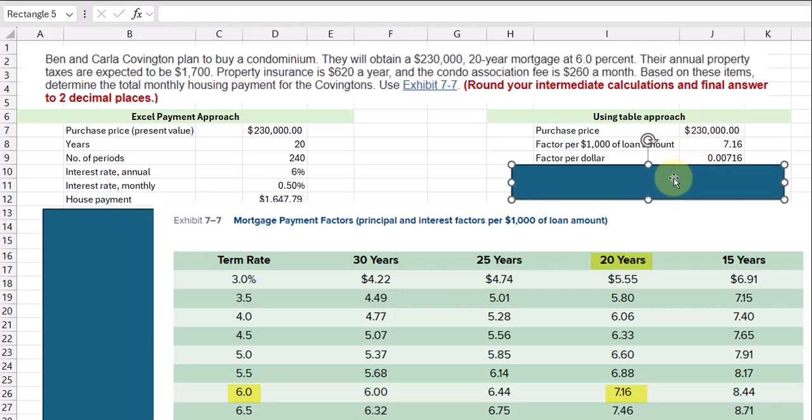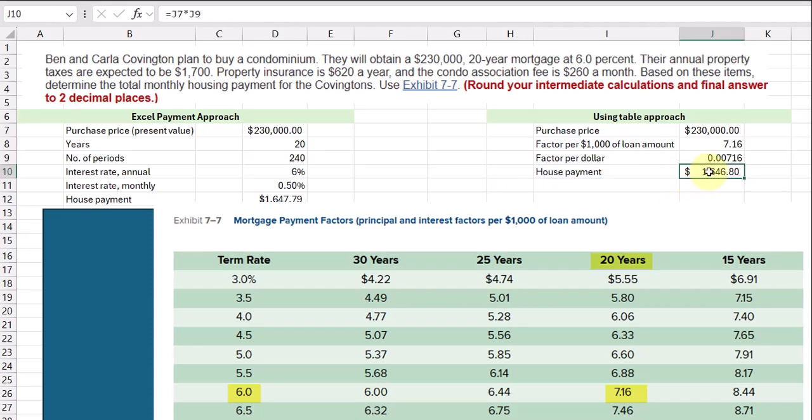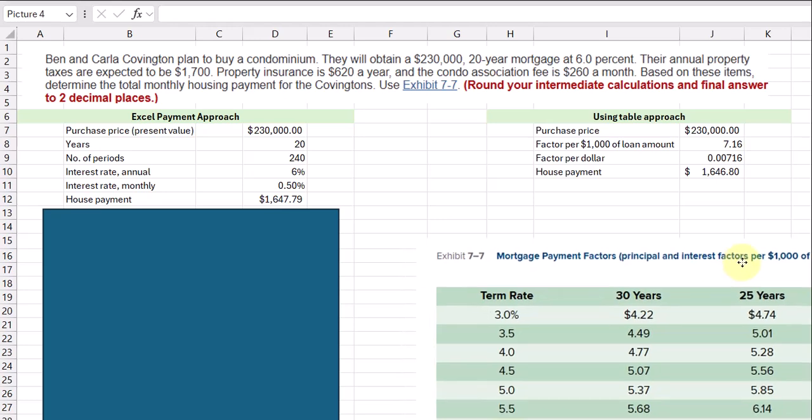Either way gets you the same answer. And then from there we can calculate the house payment, which is $230,000 times the factor per dollar. So what do we get? $1,646.80. Here it's $1,647.79. So we're really close. It's due to rounding, the fact that that factor per dollar probably is more than 2 decimal places, but this is close enough.